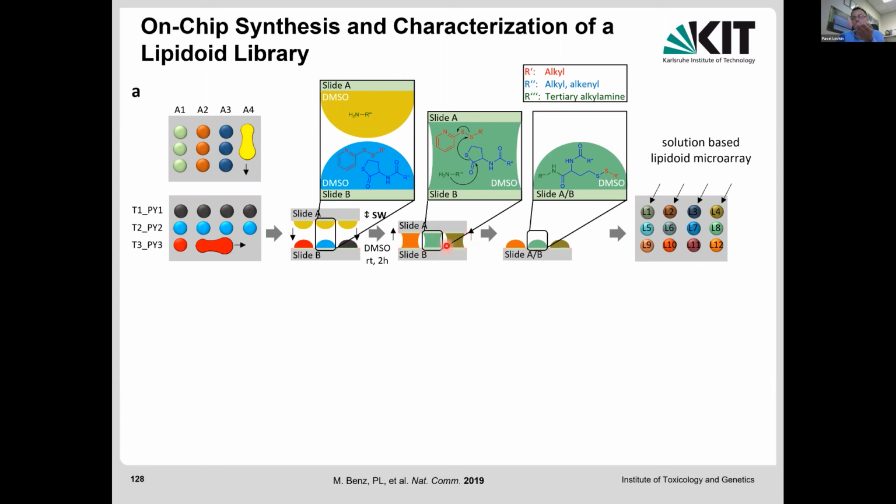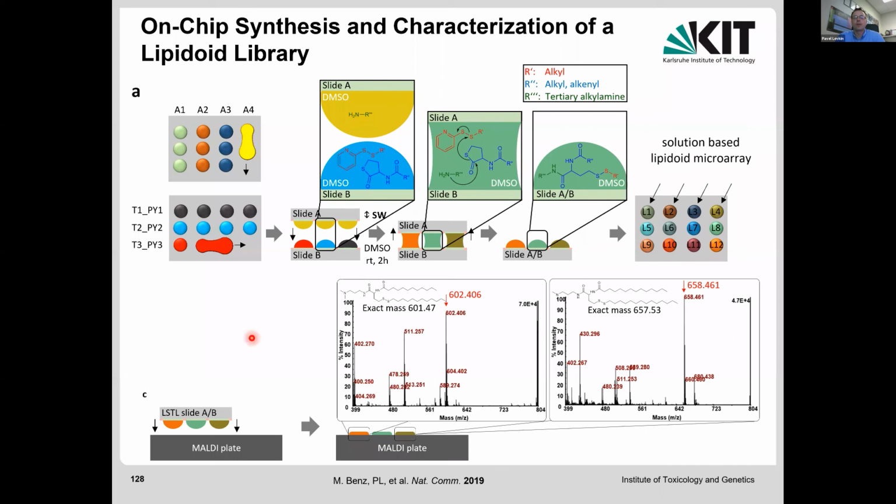Then when the reaction is finished, you have a droplet microarray where each droplet contains a different lipid. What is also interesting here is that you can take this droplet microarray and stamp it onto a multiplate, and then use this multiplate to do fast analysis by mass spectrometry of the synthesized lipids on chip, which is schematically shown here.